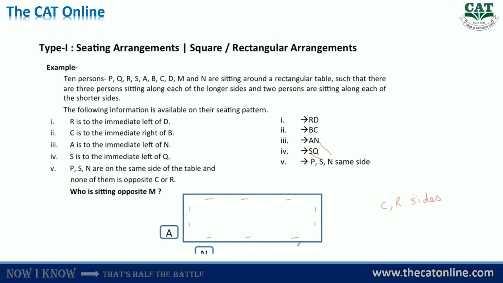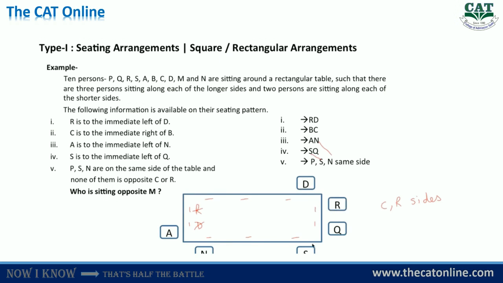The best place that S could come would be over here, and correspondingly Q will come over here. So now I also know about R. R has to be on the sides. If I write R over here, then towards R's right has to be D. But as A is also already sitting over here, this is not a valid case. It means D has to come over here and R has to come over here.